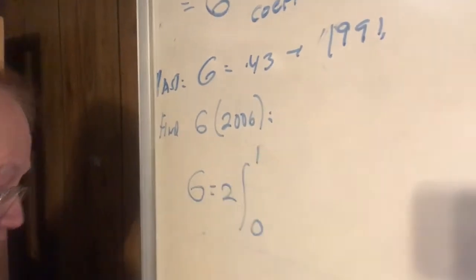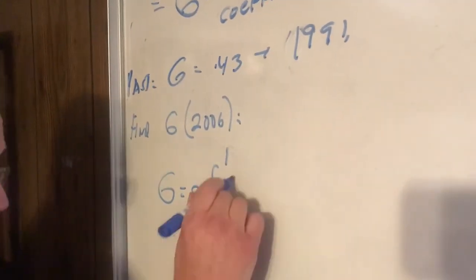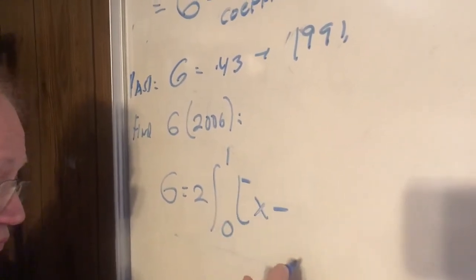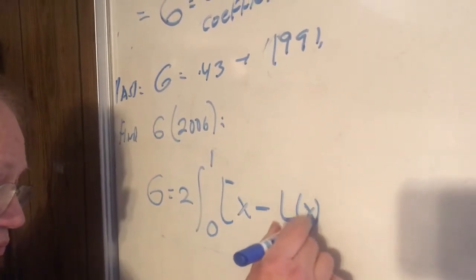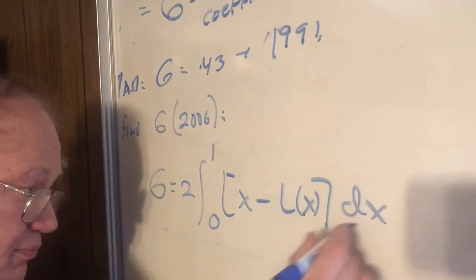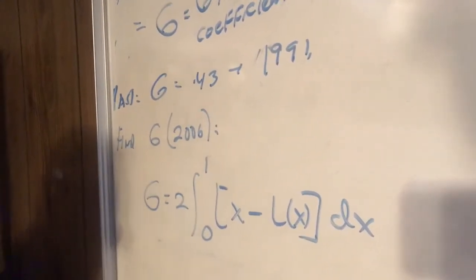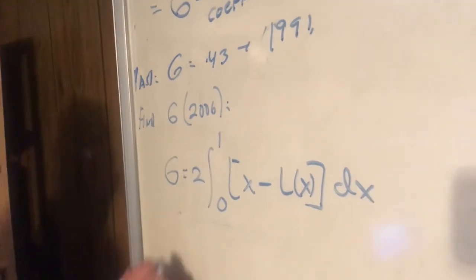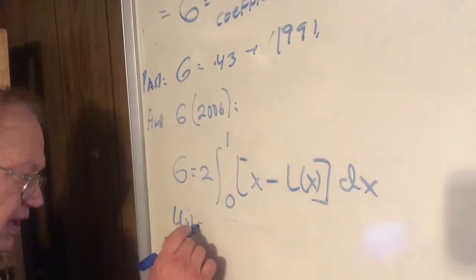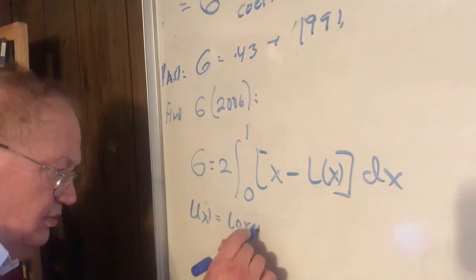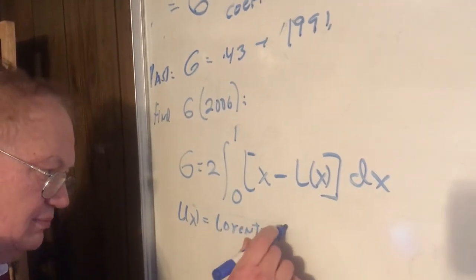Once again, you will get this. And what is x and what's this? Well, L of x is called a Lorentz function.